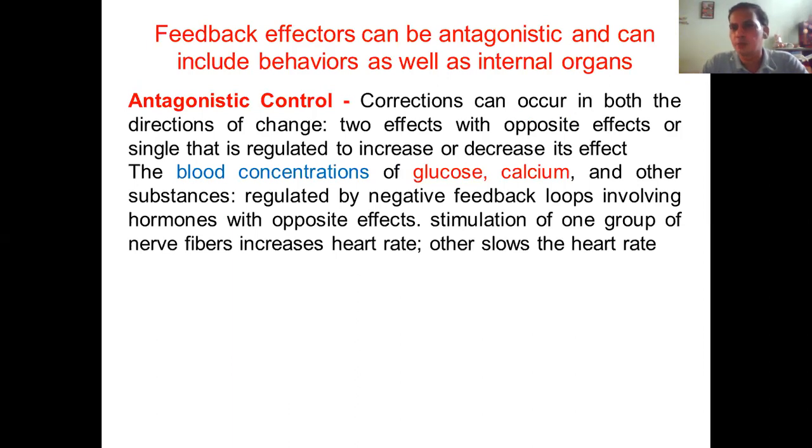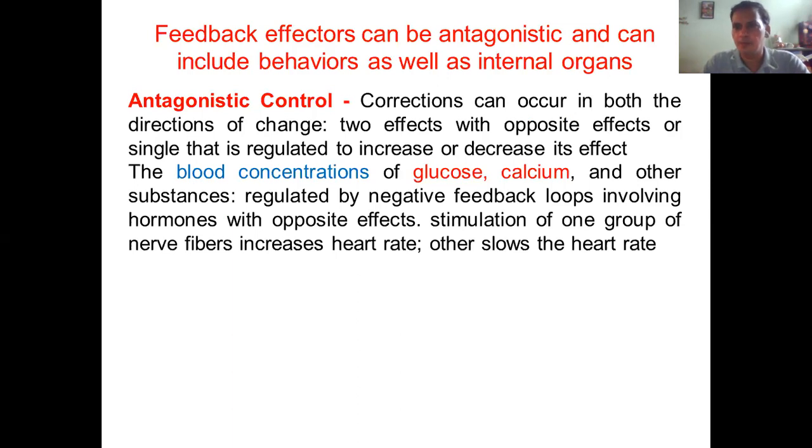Now the stimulation of one group of nerve fibers increases the heart rate. So we can have nerve fibers, one responsible for increasing the heart rate, another responsible for decreasing the heart rate. We can also have an antagonistic effect by the same set of chemicals, like some hormones.